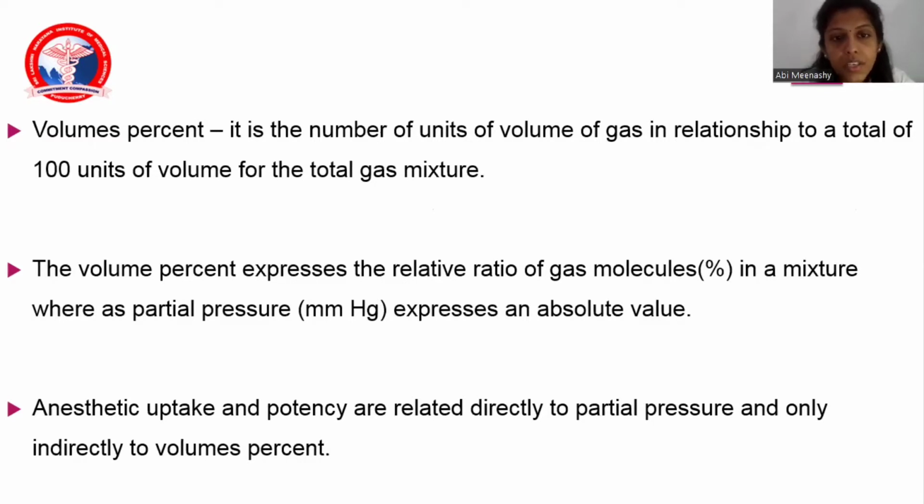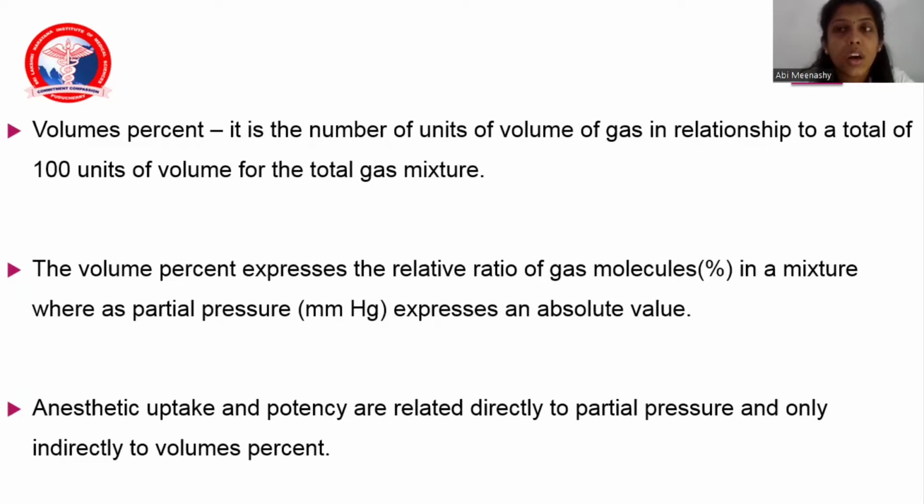The volume percent expresses the relative ratio of molecules in the form of percent in a mixture, whereas the partial pressure in mm of Hg expresses an absolute value. Anesthetic uptake and potency are related directly to the partial pressure and only indirectly to volumes percent.